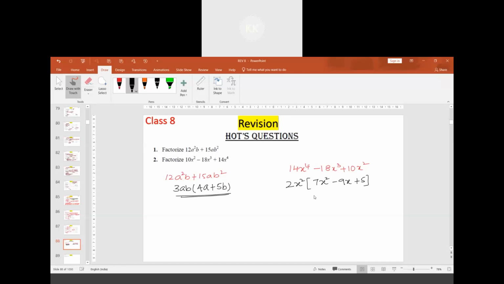Can we simplify further? 7 fives are 35. Can we get the product as 35 and sum as minus 9? 7 and 5 will not give minus 9. That's the only possibility, so this itself is the answer. We cannot simplify further.